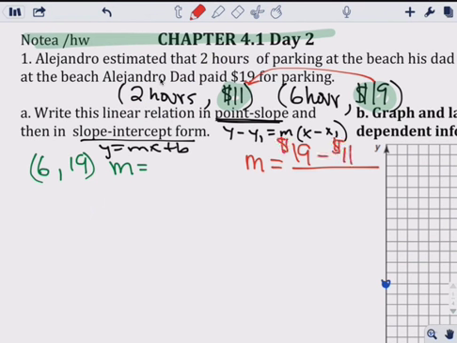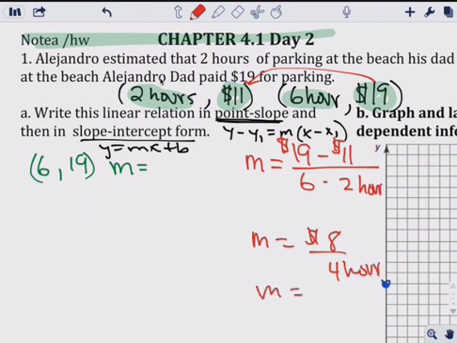That gives me $8 over the change in x, which is 6 minus 2, over 4. 6 hours to 2 hours. So this is hours. The slope in this case is 2 over 1, or just 2.